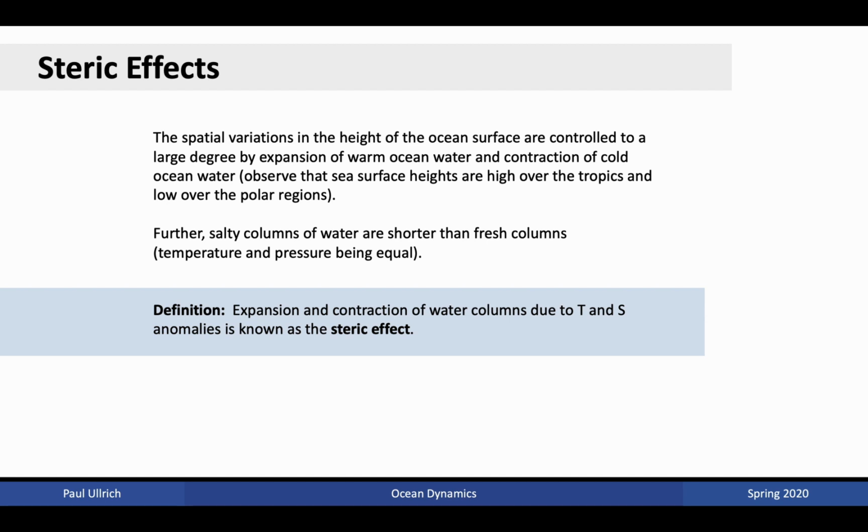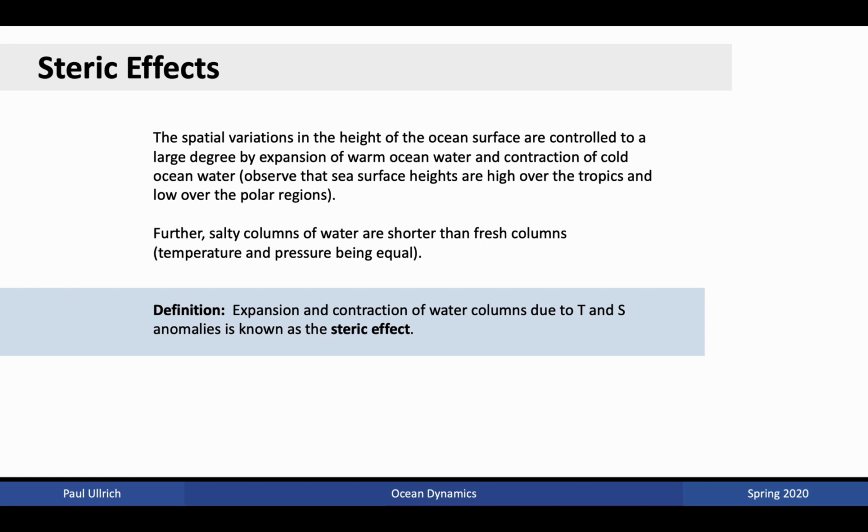As we've seen, variations in the height of the ocean are a function of variations in the underlying density of the ocean water. These variations in density then also give rise to variations in fluid flow velocity. However, the density of the ocean water is also controlled by variations in temperature and salinity.